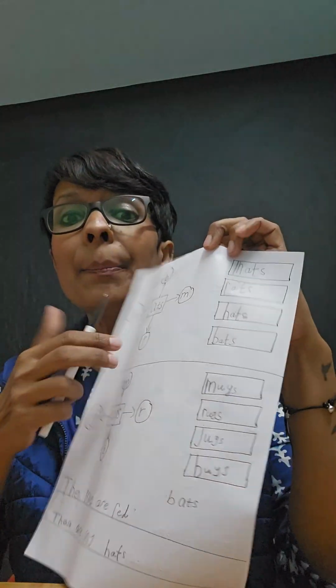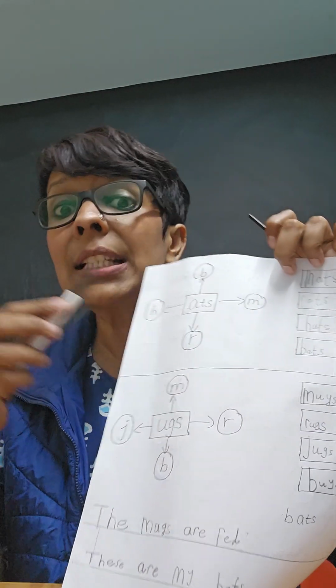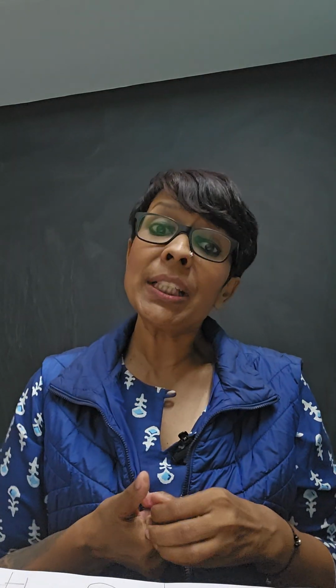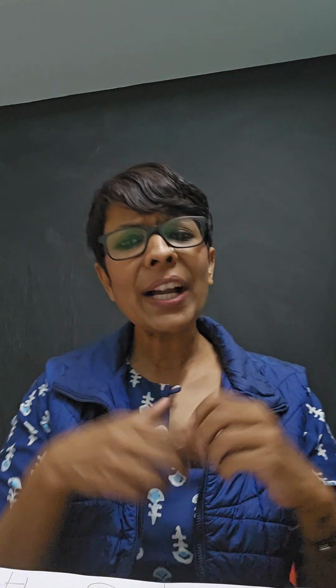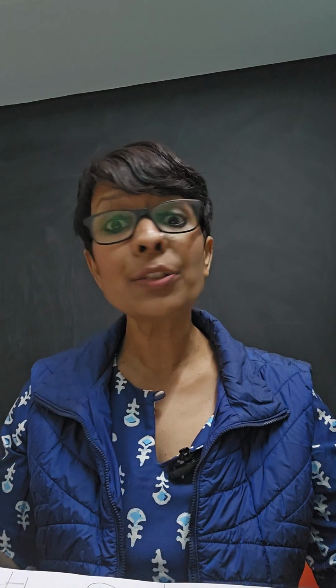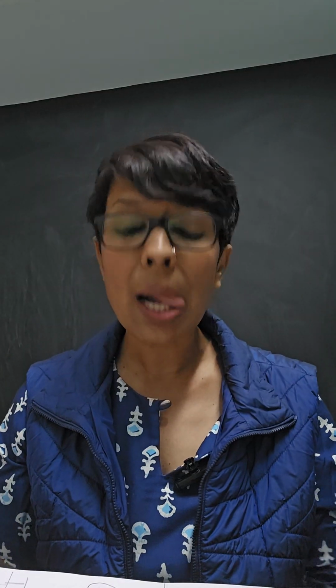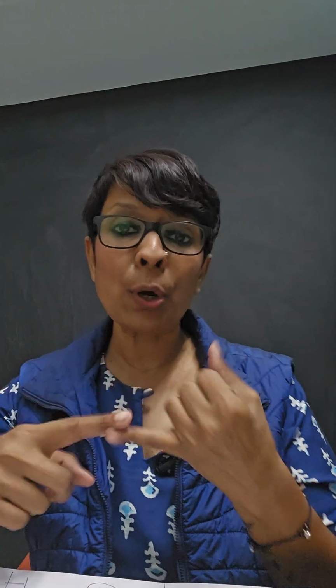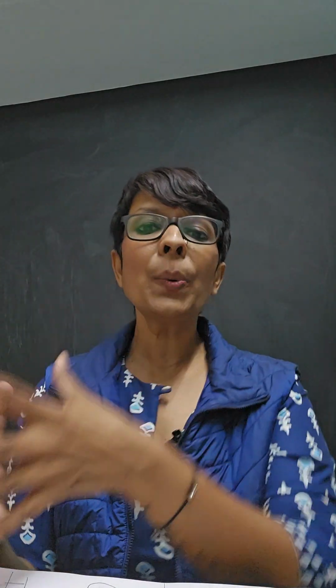Now here, because the visual representation is different, you might see that some of the children, although they know blending very well, are finding it a little difficult to blend the words, which is perfectly fine because a child is not used to seeing such a thing. So here, instead of forcing the phonic sounds, we can say, okay, let's do the letters.